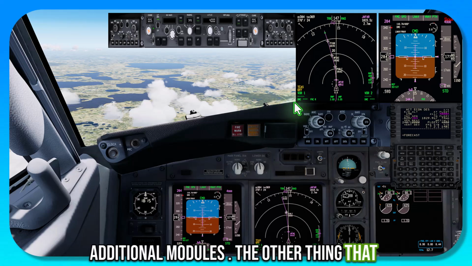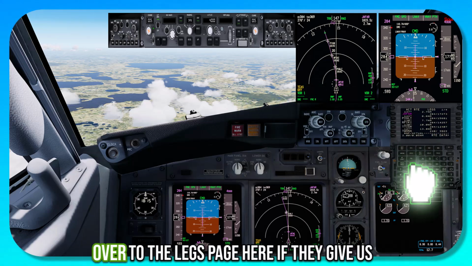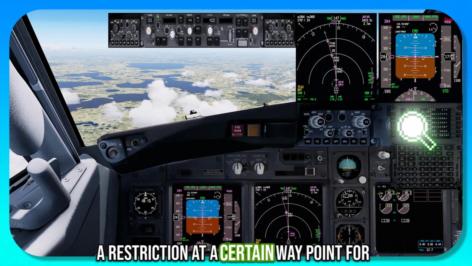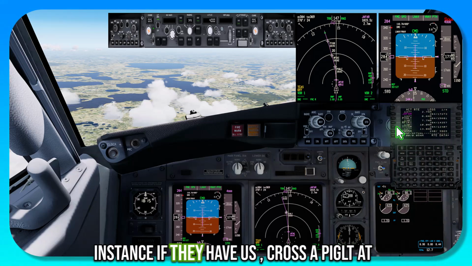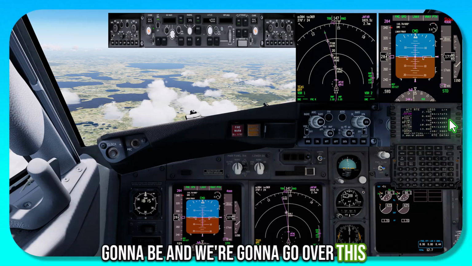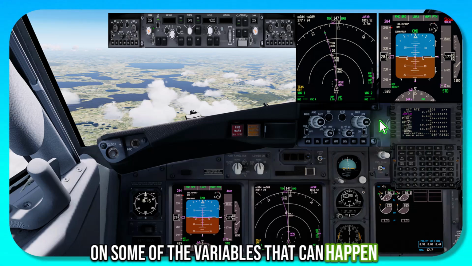The other thing that can happen is if they give us, let me go over to the legs page here, if they give us a restriction at a certain waypoint, for instance, if they have us cross the Piglet at, let's say, 14,000 feet, and we're going to go over this kind of thing. I'm not going to demonstrate it here, but I'm just giving you a heads up on some of the variables that can happen here.